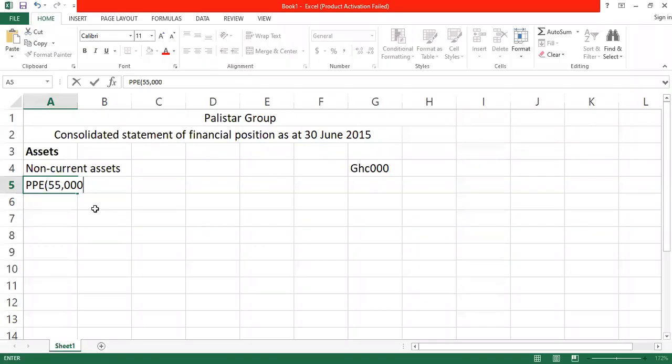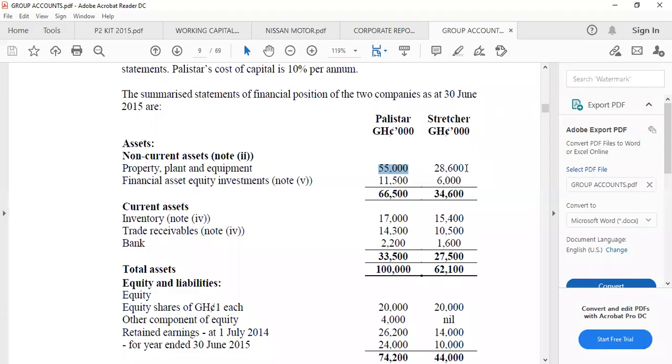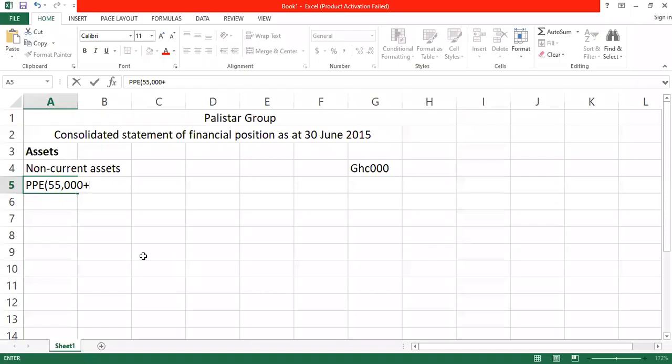Then you add the subsidiary's own, which is 28,600. So you add it to it. Then you don't know what is going to happen, so you are just picking the figure. The next item, you just do like that. If anything, then you come and add or subtract there.